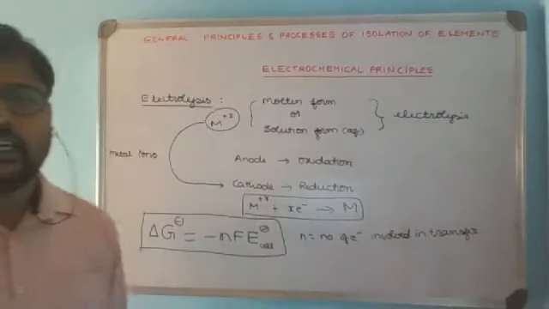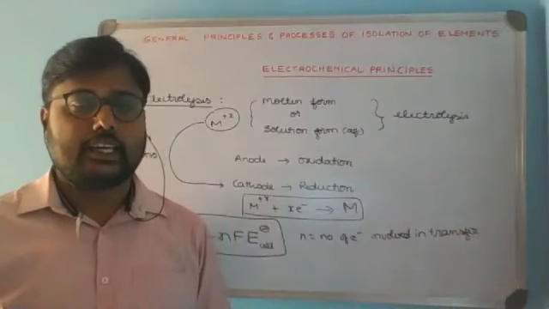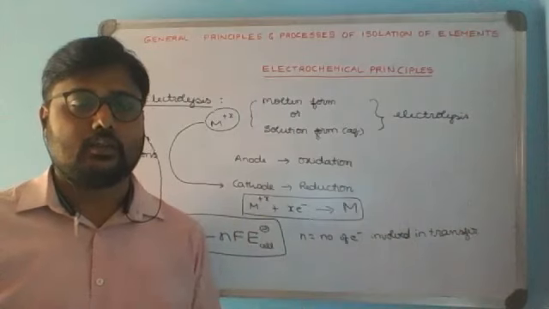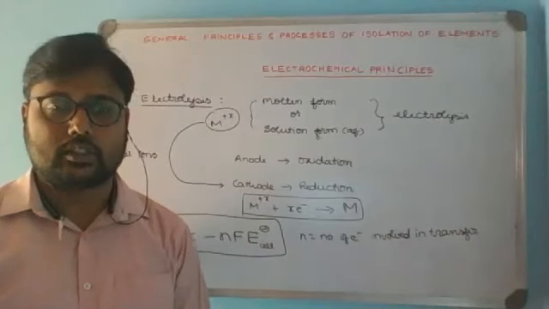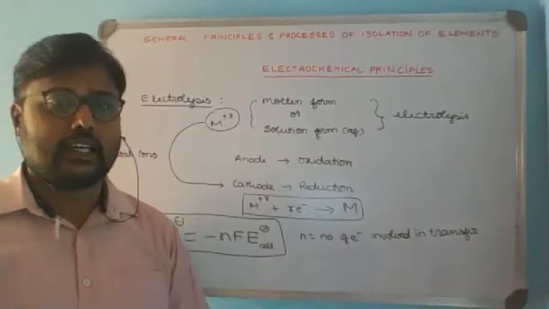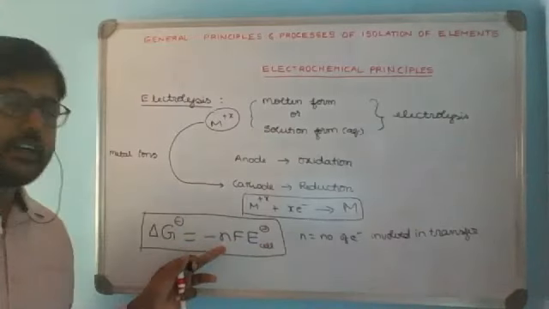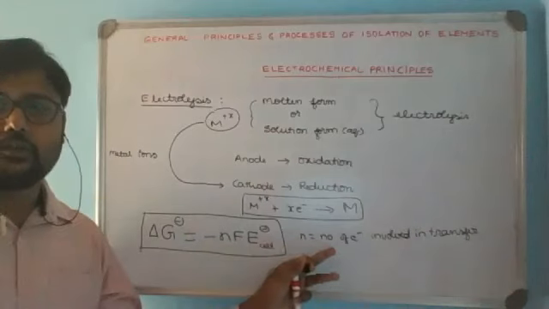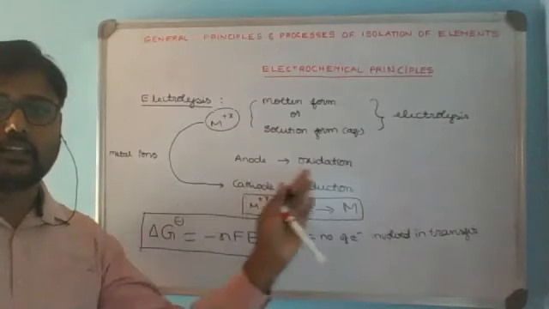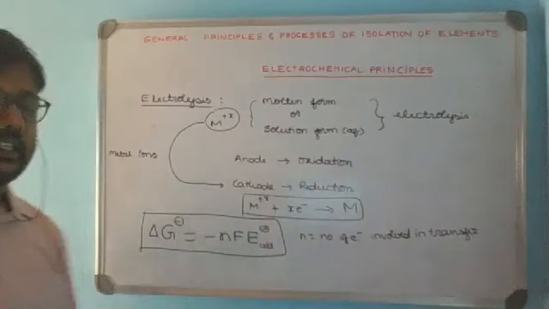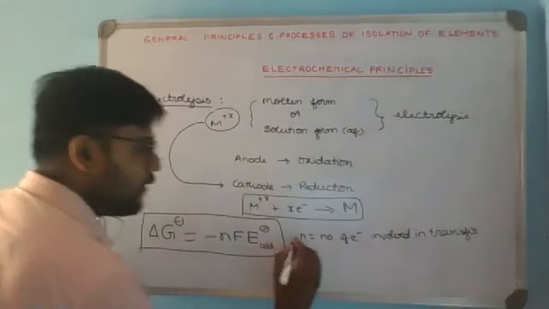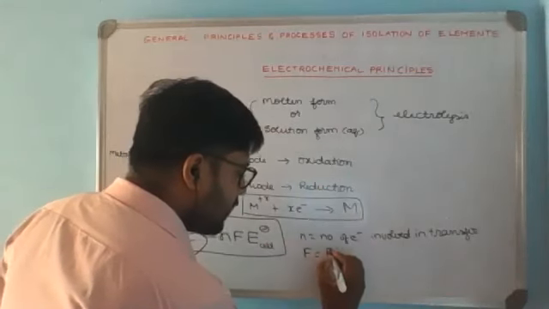For example, if 1 mole of electrons is gained in the reduction process, the same 1 mole of electrons gets oxidized in the process. Hence, the number of electrons involved in the transfer will always be the same. So n signifies in the equation the number of moles of electrons involved in either the oxidation or reduction process. Then F represents Faraday's constant.